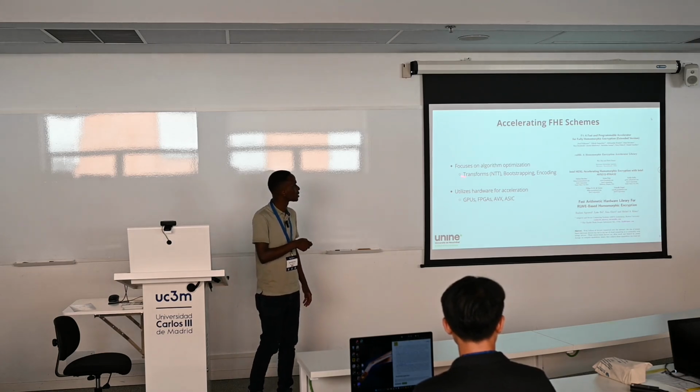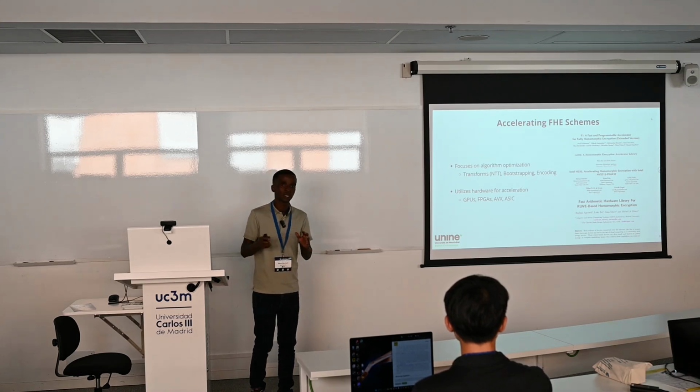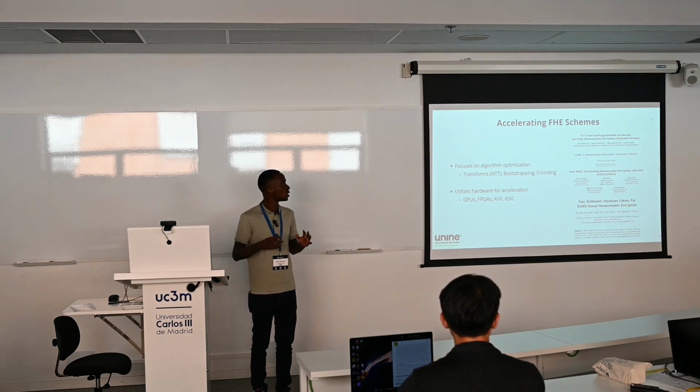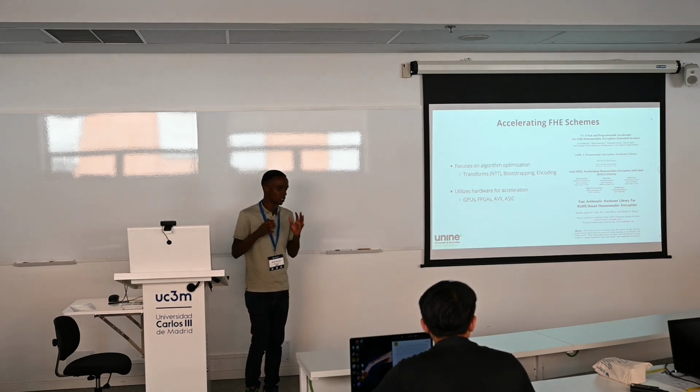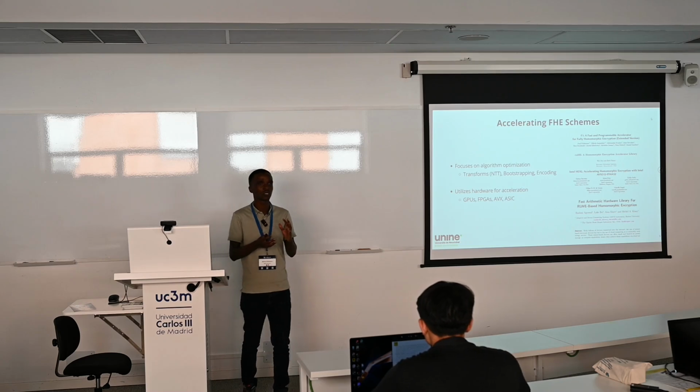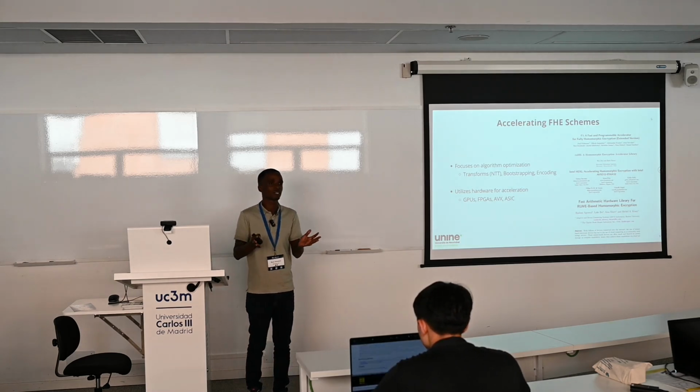Another very important algorithm is the bootstrapping algorithm. Like I mentioned, homomorphic encryption introduces some kind of noise to the initial plaintext, and in this way you have a ciphertext.